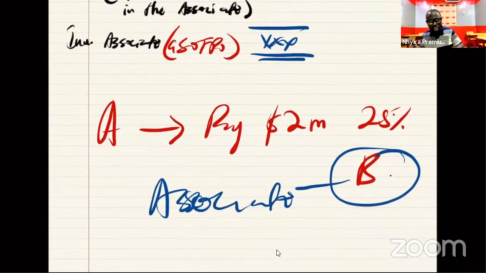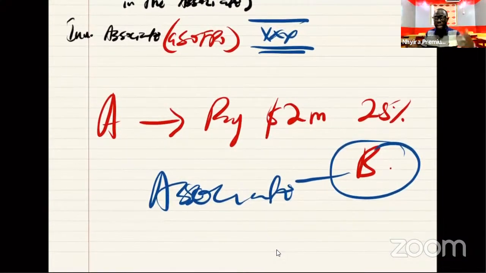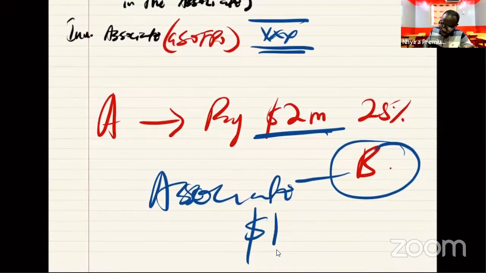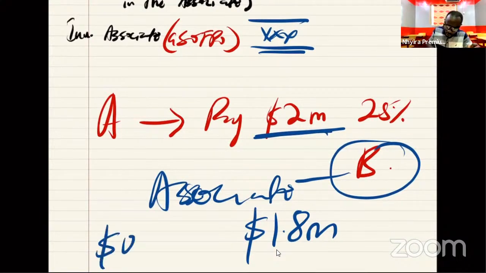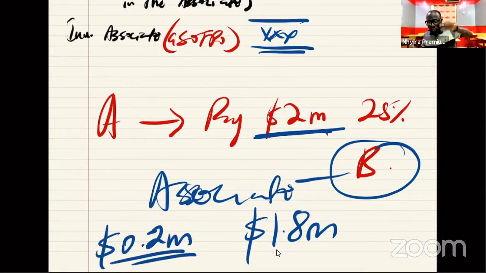If for some reason by the reporting date, our investment in them is no more $2 million, but now $1.8 million, that means our investment has fallen in value by $0.2 million. That $0.2 million is what we mean by impairment in the investment in associates. Does it make sense?